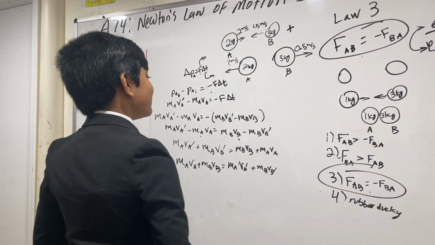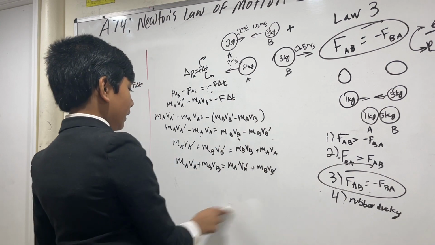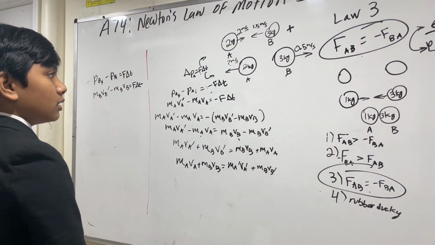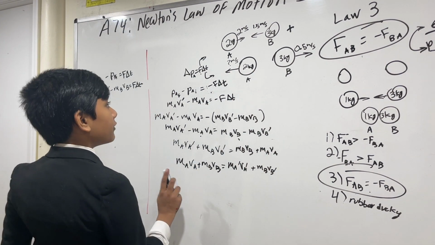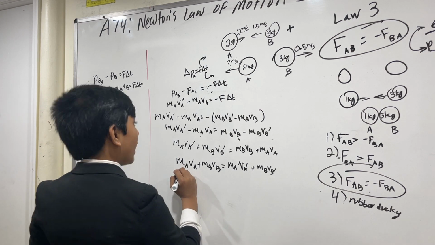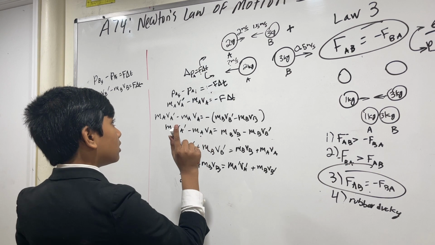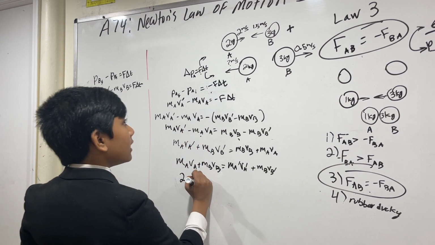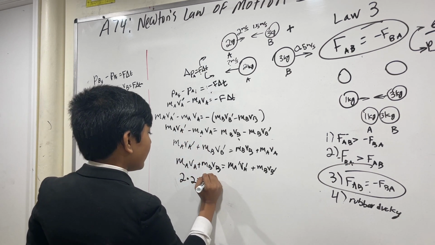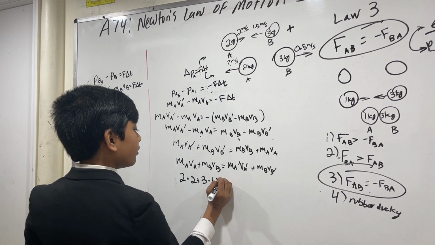So now, the answer is obviously here. So we have MA, VA. MA is 2 and VA is 2 as well. MB is 3 and VB is 1.5.